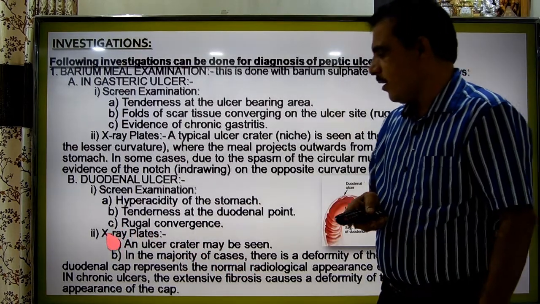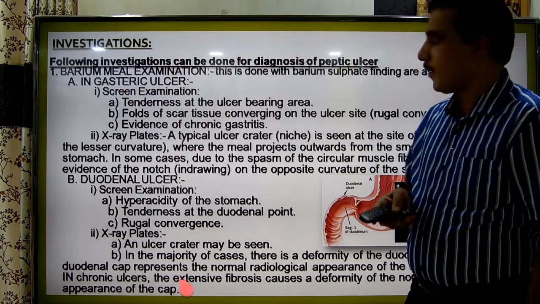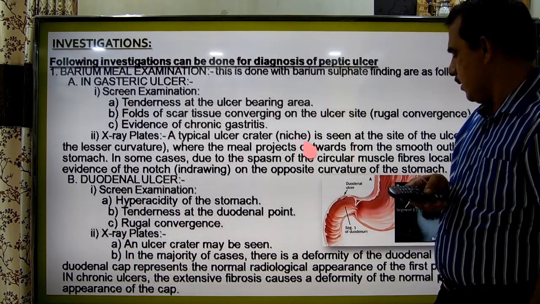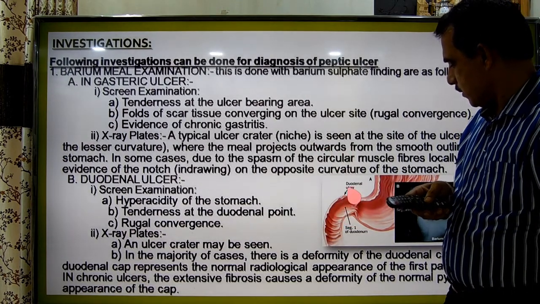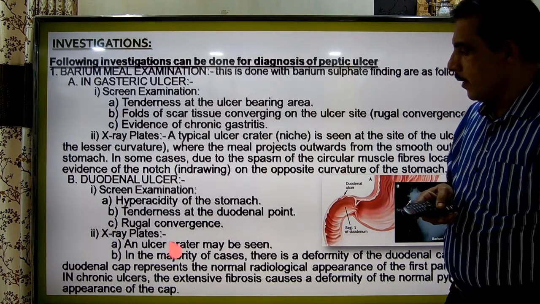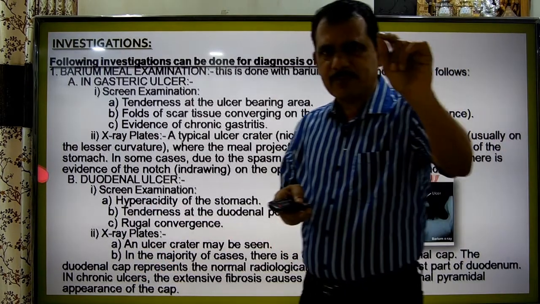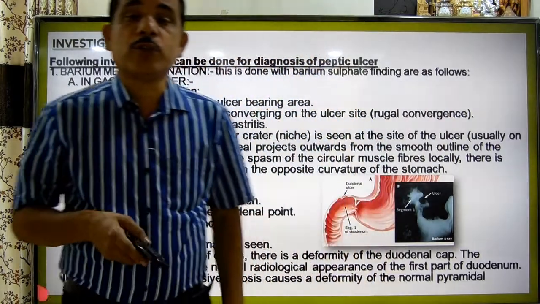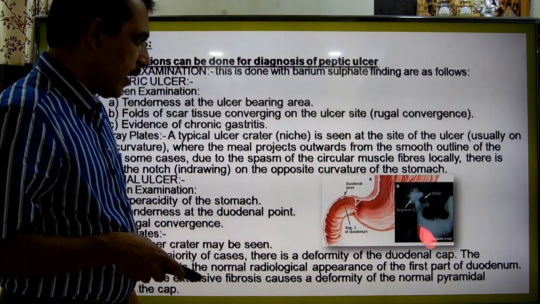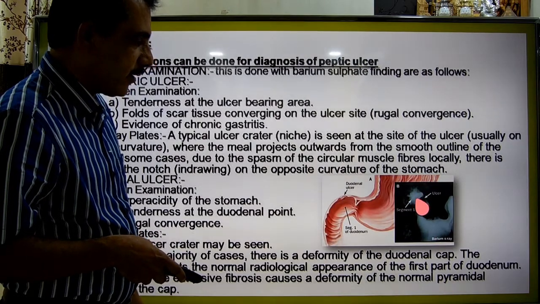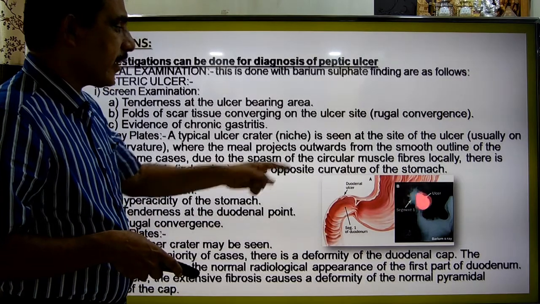While on the X-ray, a typical crater may be seen as this Niche, as found in the stomach, here in duodenal ulcer. Then, in the majority of cases, a very characteristic deformity is found, called the duodenal cap. Here I show this X-ray. The duodenal cap is the characteristic one.